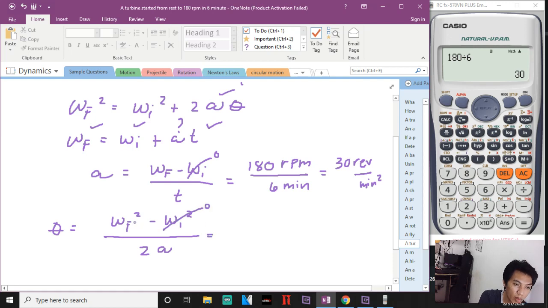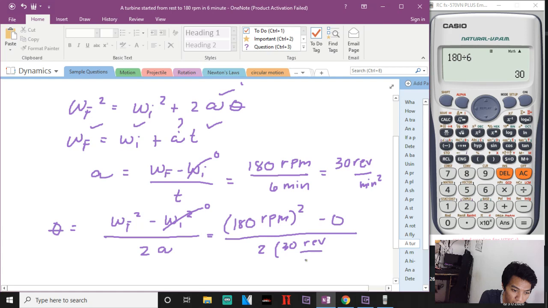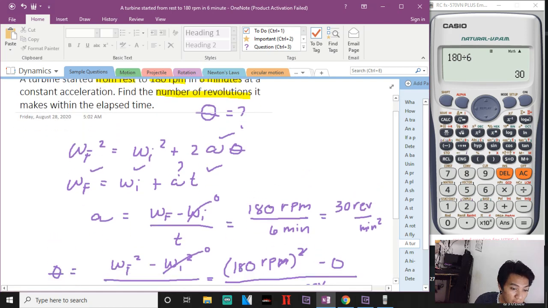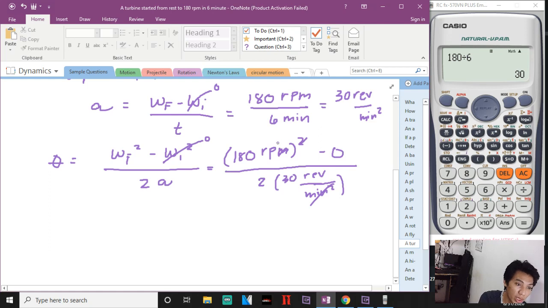Omega F is 180 RPM, square ko na to, kasi 0 naman itong isa. 2 alpha, 30 rev per minute squared. Maka-cancel yung minute squared. Ang matitira lang is revolutions. Ano ba tinatanong dyan? Revolutions.